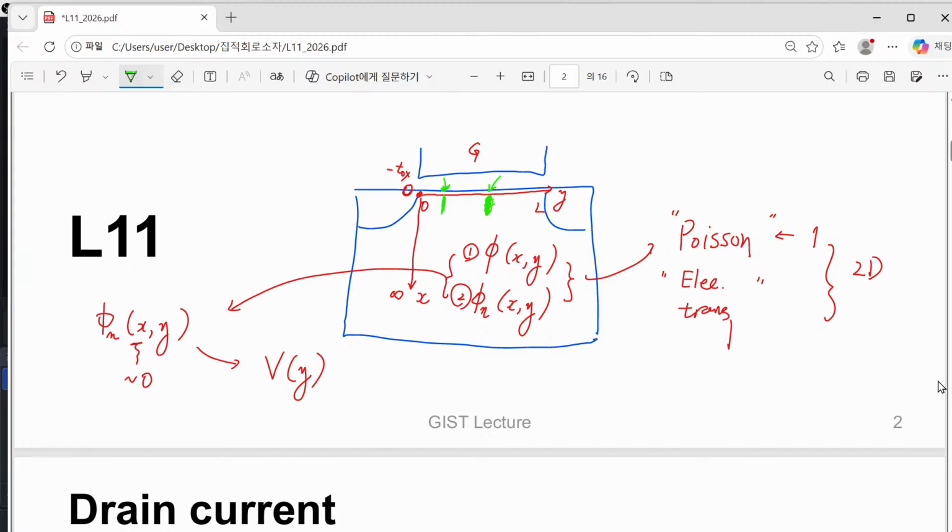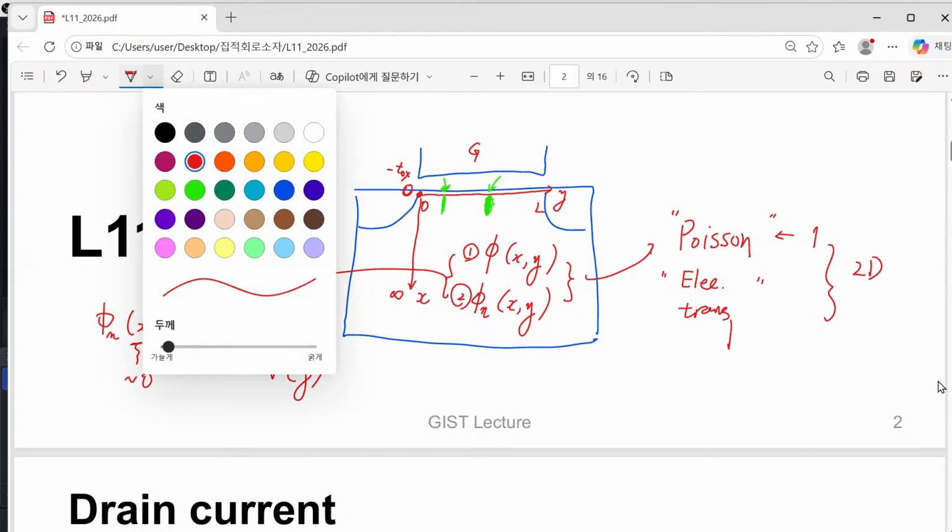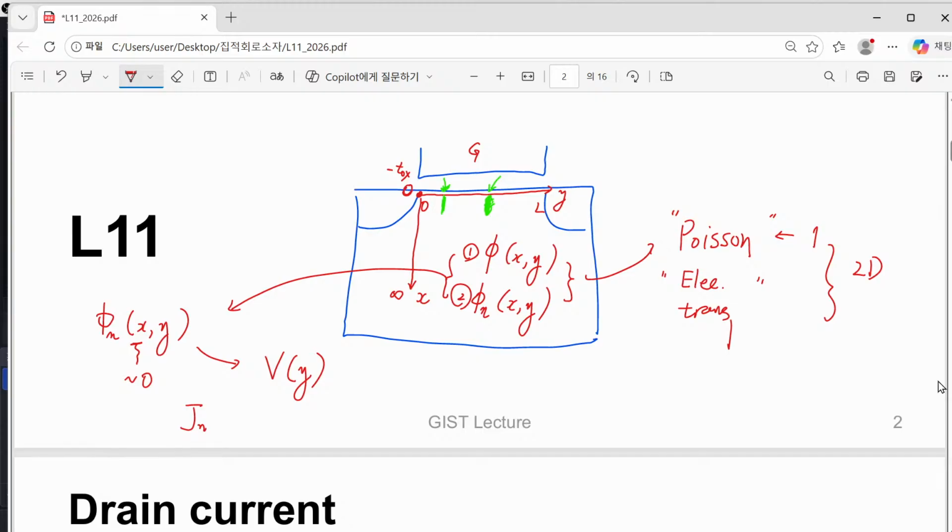The basic argument for this assumption was that our electron current density is a vector field, and it can have an x directional component and a y directional component. However, the x directional component is vertical current conduction, and from the structure of this MOS system, current is allowed only along the y direction, not along the x direction.